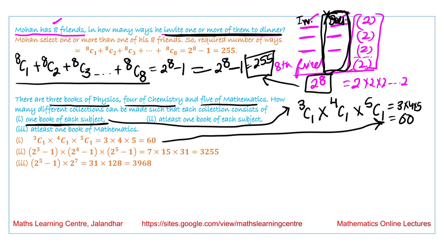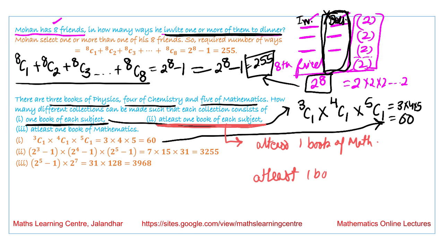Next, the second case we have is at least one book of each subject. What this means is that there is at least one book of mathematics, at least one book of physics, and at least one book of chemistry.